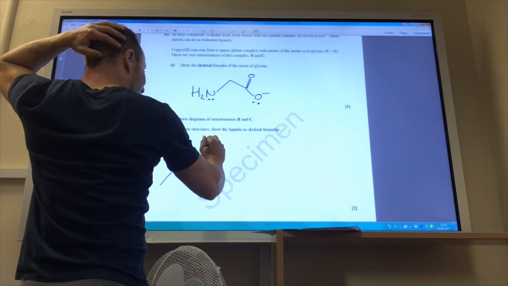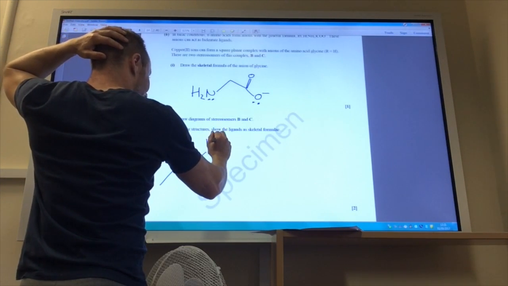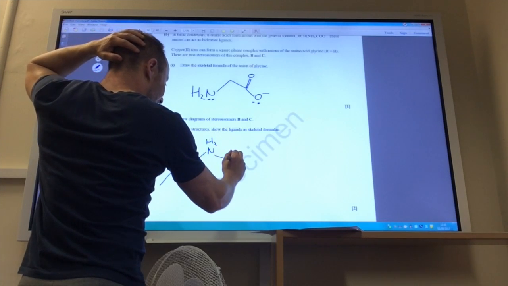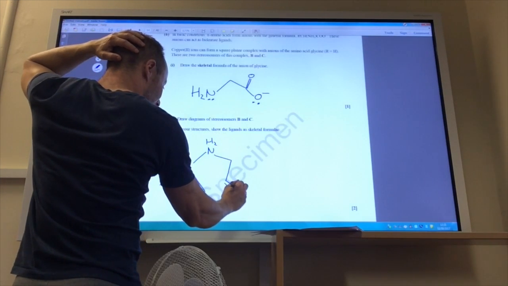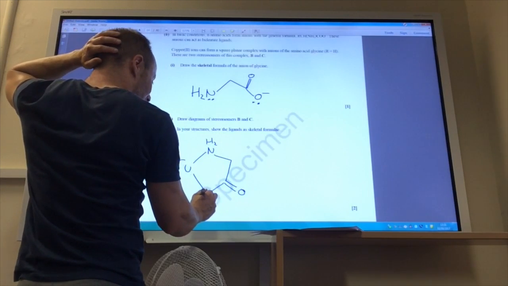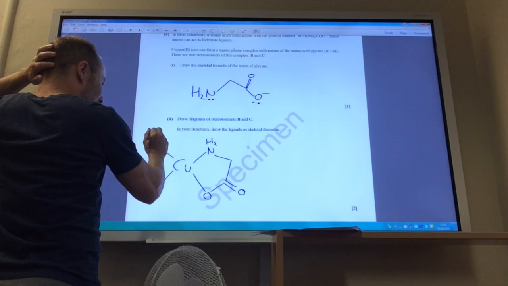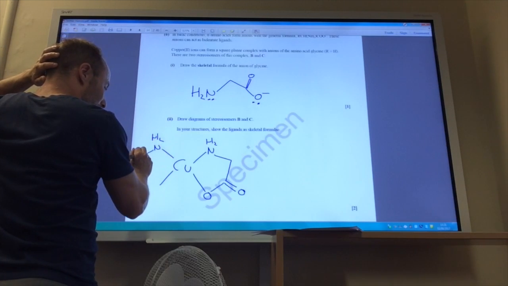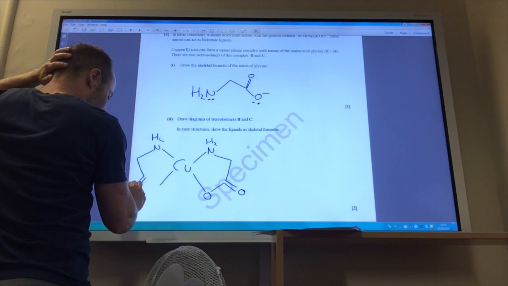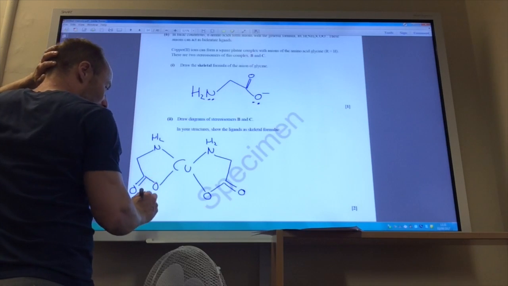They're square planar, so I'm going to have NH2, then I'm going to have the carbon chain, and that's O, like so, and then I could do the same up here, like so.